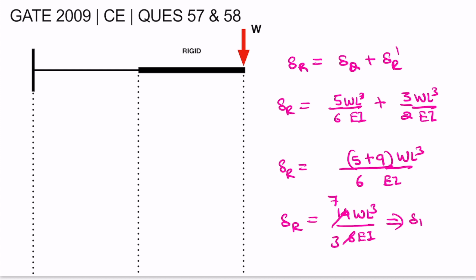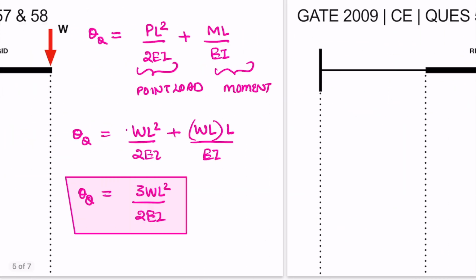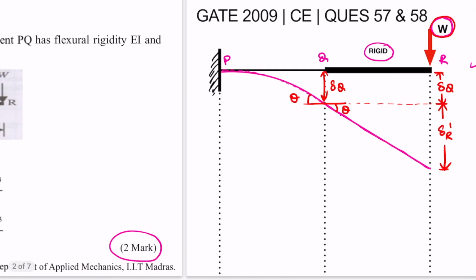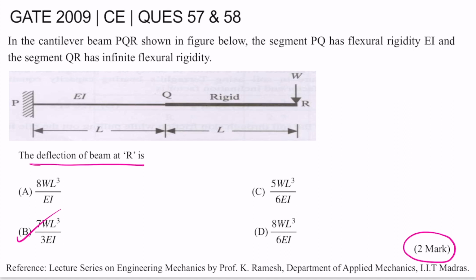So delta R final value will be 7WL cube by 3EI. So this is matching with option number B. So this was the answer for question number 58.